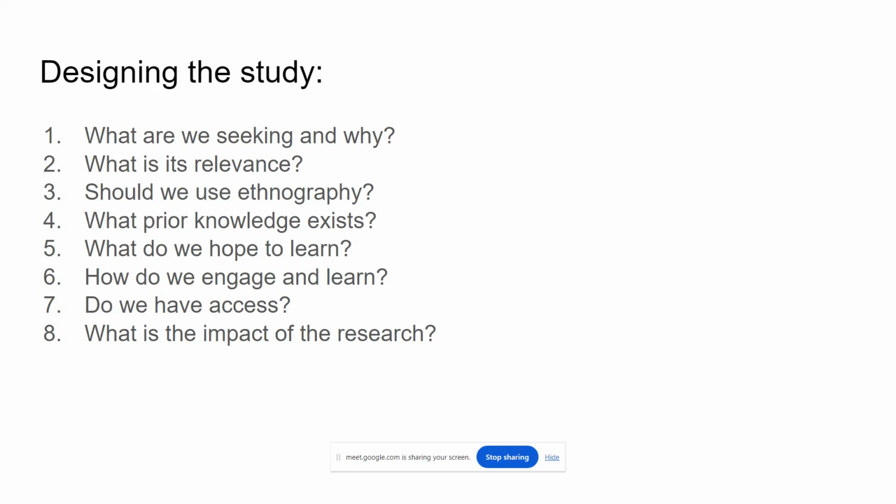Many designers might just want to see the efficacy of their product. So what they will do is go to the participants, whoever people are using the product.